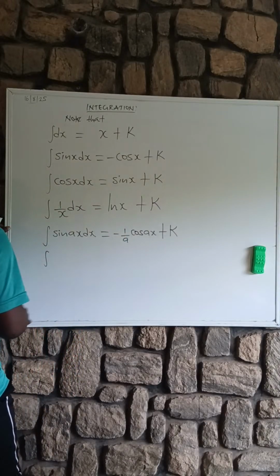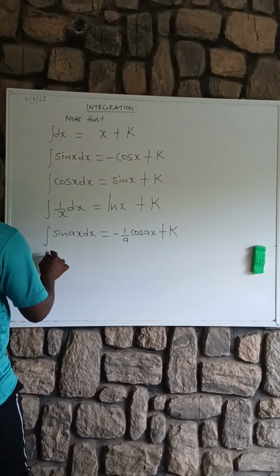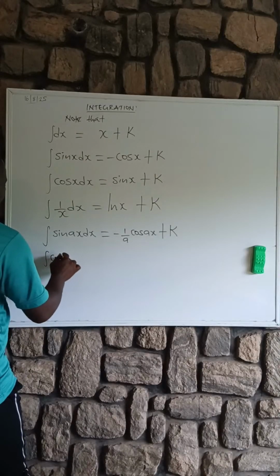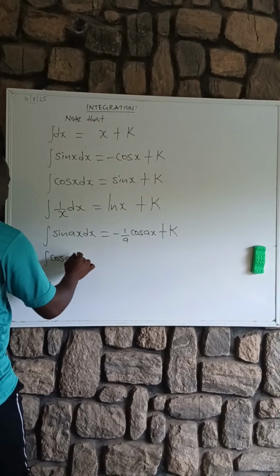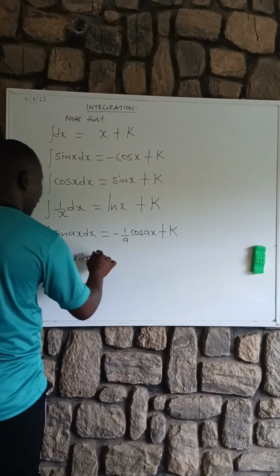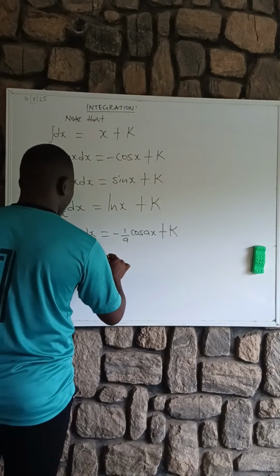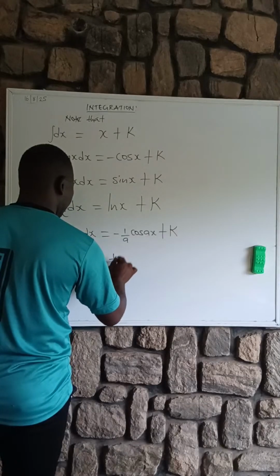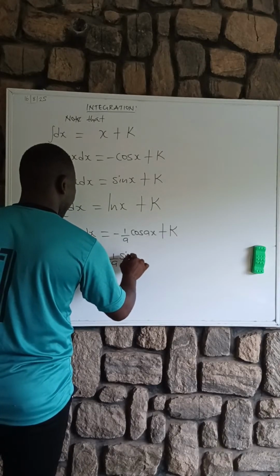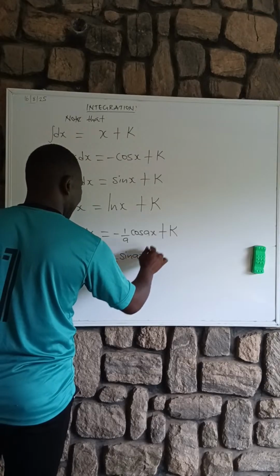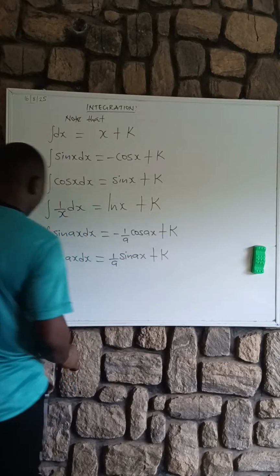If you are to integrate cos ax dx, this is equals to 1 all over a sine ax plus any constant. Take note.